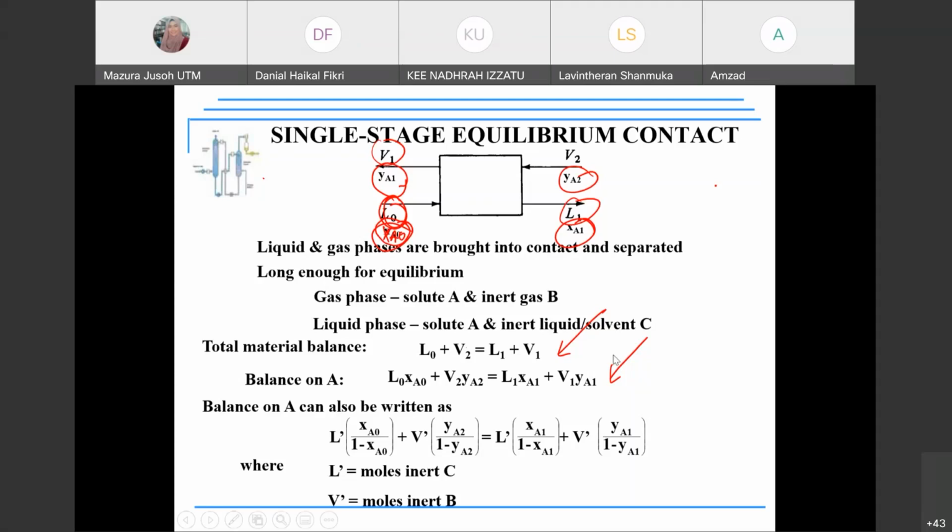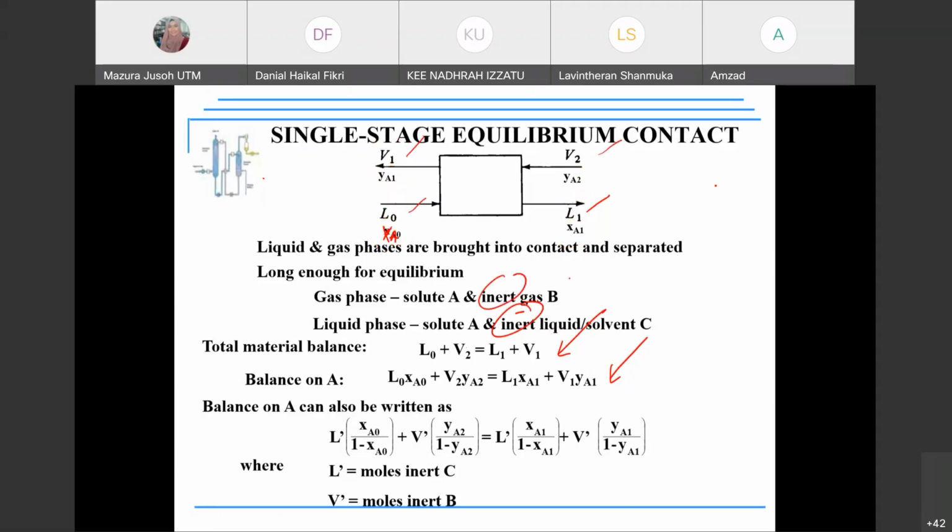Right, so now from this schematic, you see L1 and L0 as the liquid streams, and you see V2 and V1 as the gas streams. Now I have already covered who the inerts are.